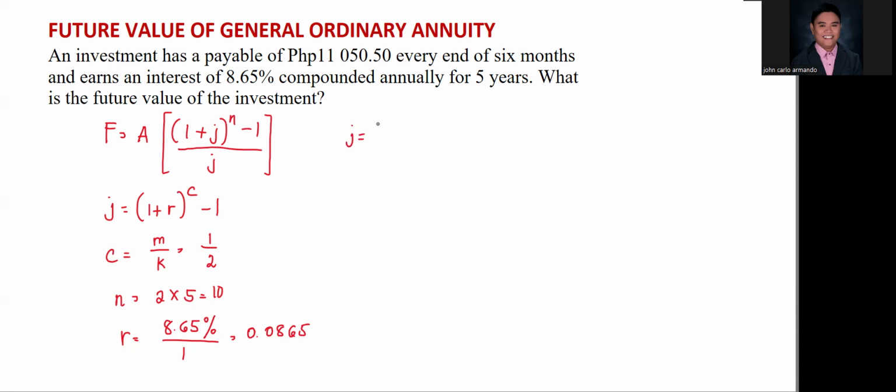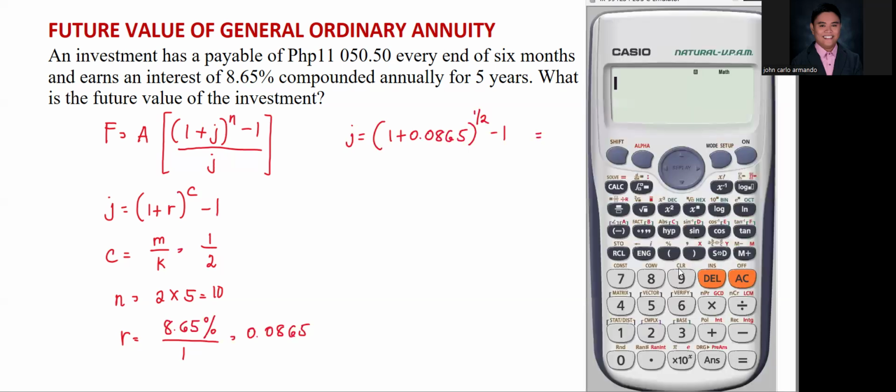Now we can solve for the value of J. J is equal to 1 plus the R, which is 0.0865, raised to C. What is our C? 1/2. Raised to 1/2, minus 1. We solve: 1 plus 0.0865 raised to 1 over 2, then minus 1.